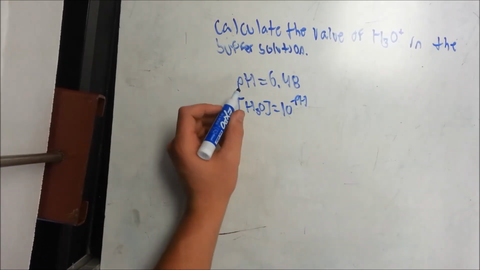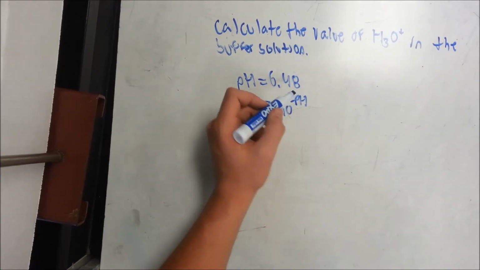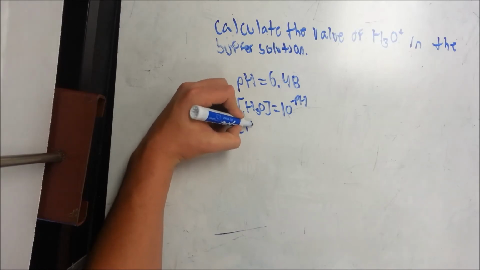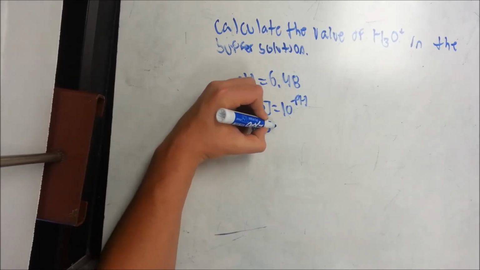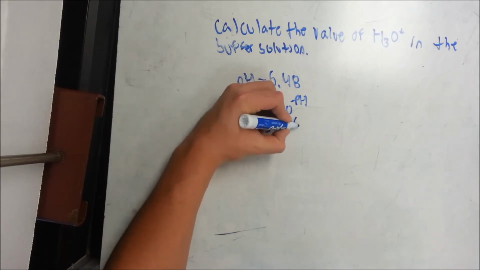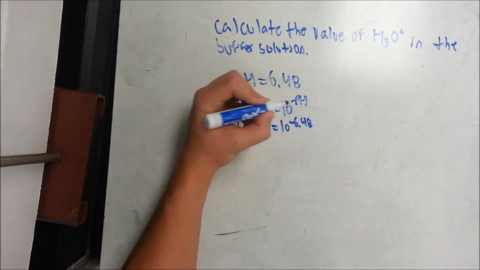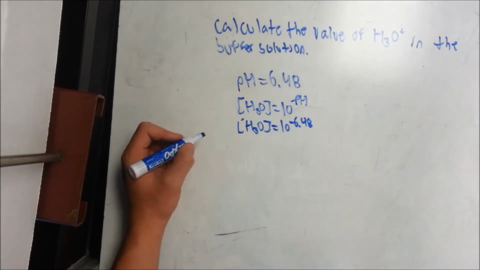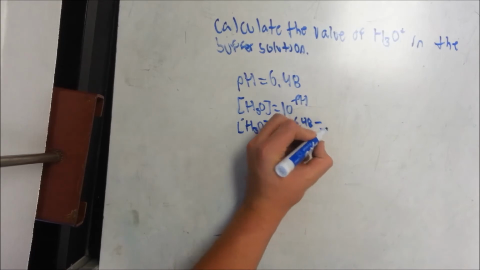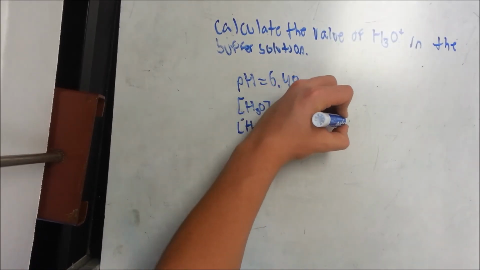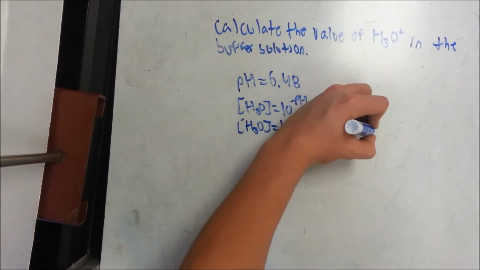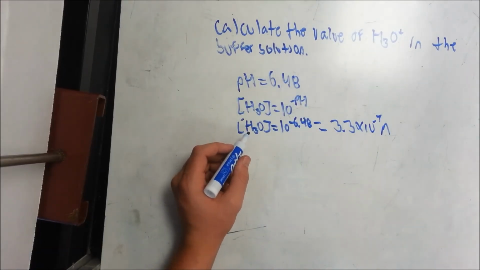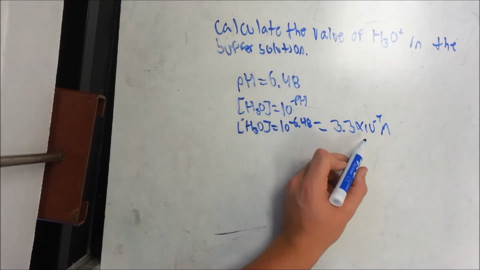Since we know the pH, all we have to do is plug in 6.48 into this equation, so H3O equals 10 to the negative 6.48. That equals 3.3 times 10 to the negative 7 molar. So the H3O plus concentration is 3.3 times 10 to the negative 7.